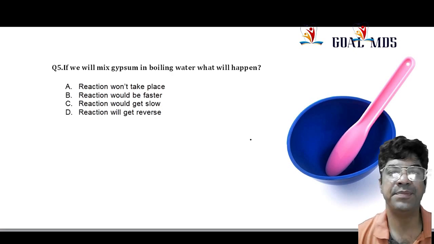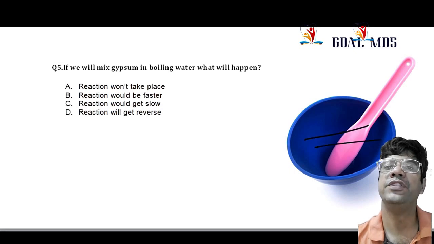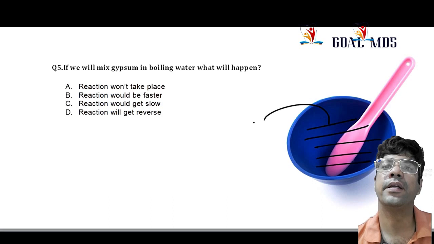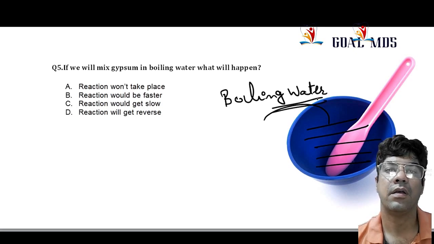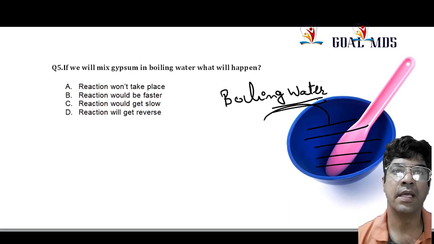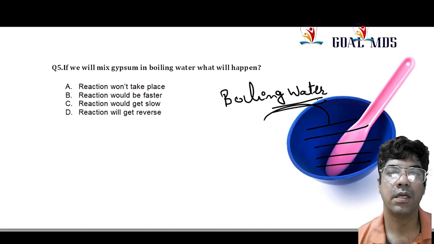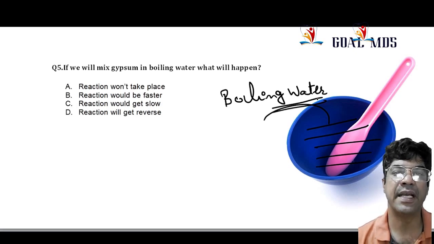If we mix gypsum in a boiling water, what will happen? So the reaction would not occur. So when gypsum is mixed with the boiling water, it does not undergo normal setting reaction.